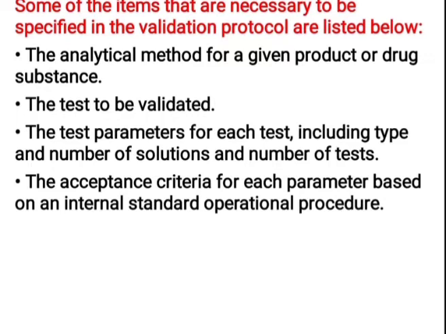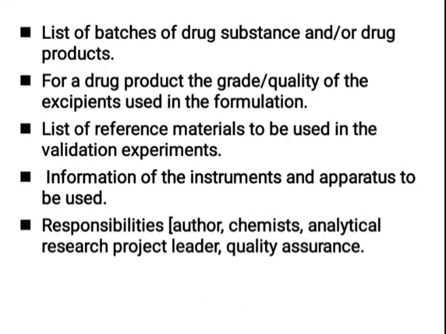The acceptance criteria for each parameter based on an internal standard operating procedure. Then the list of batches of drug substance and or drug products. Then for drug product, the grade or quality of the excipients used in the formulation. Then the list of reference materials to be used in the validation experiments.